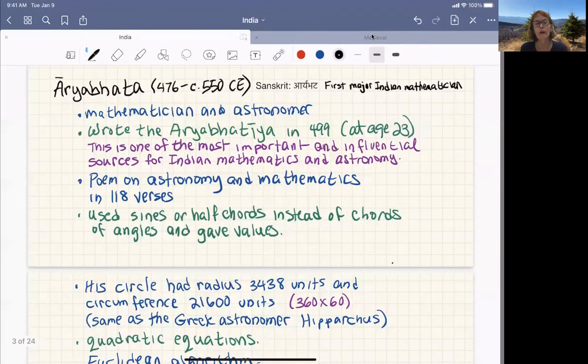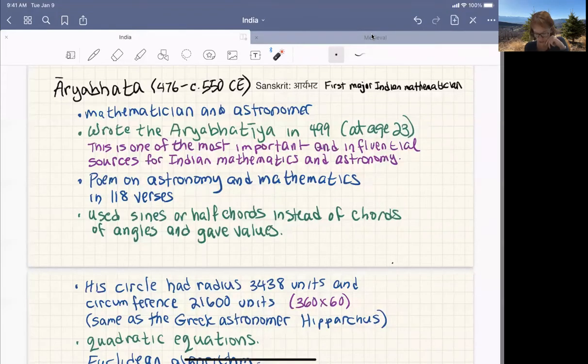So we were talking about the mathematician Aryabhata, and he was a mathematician and astronomer. And we looked a little bit at the kind of mathematics that he did. But some interesting notes are what time period it was.